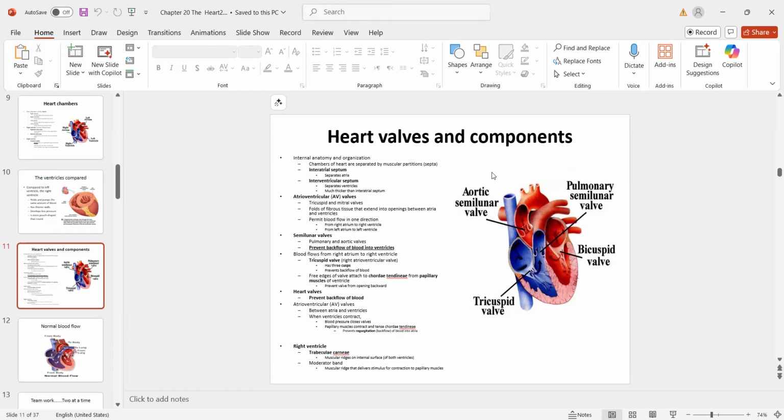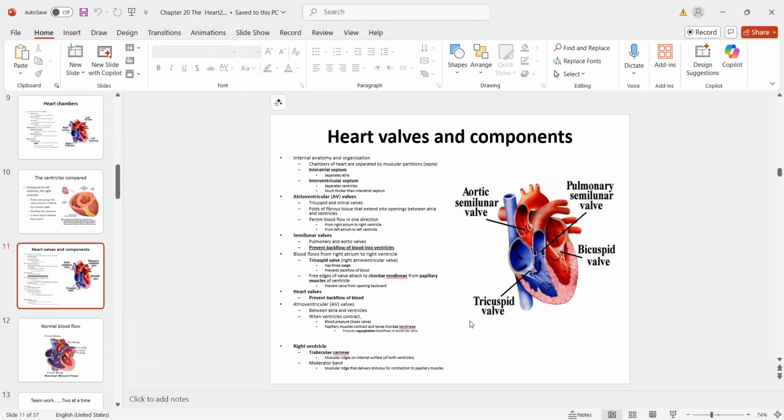The right ventricle: the internal surface of the right ventricle contains a series of muscular ridges called trabeculae carneae.